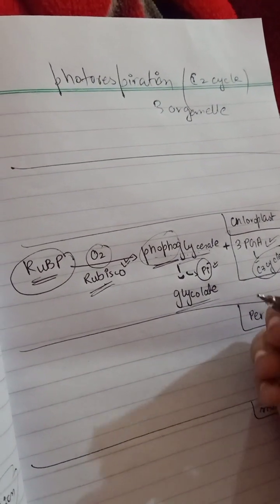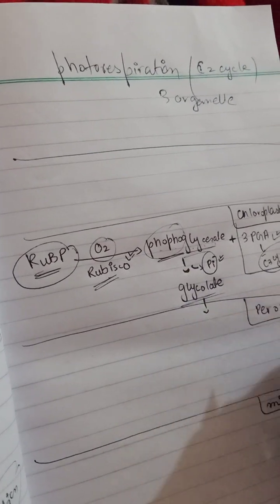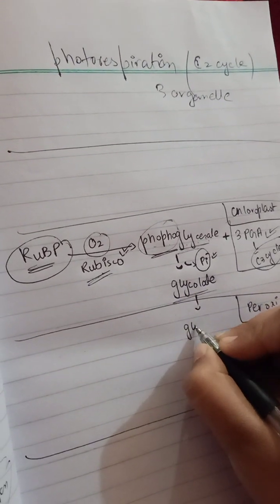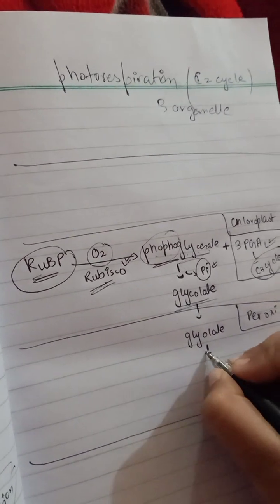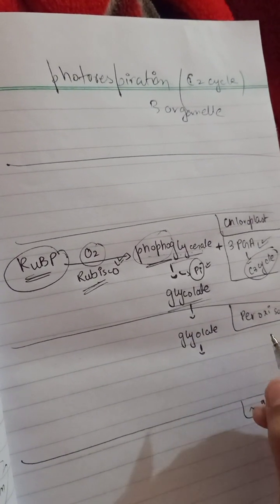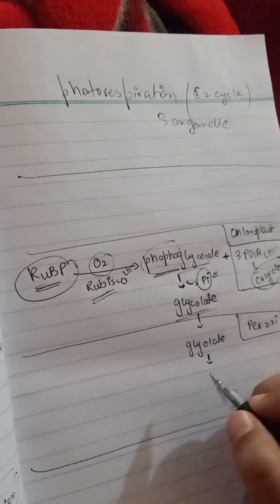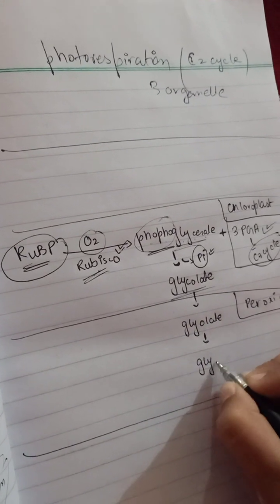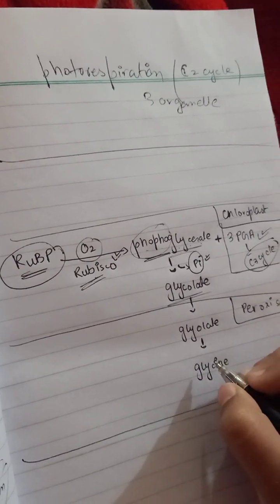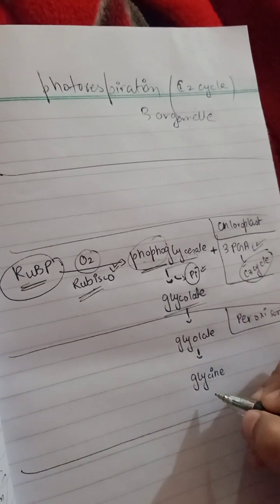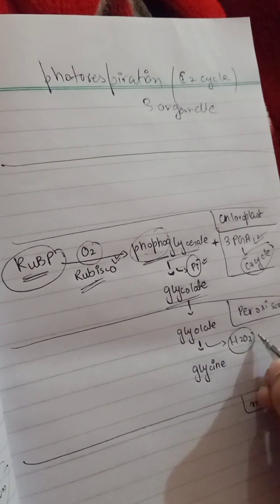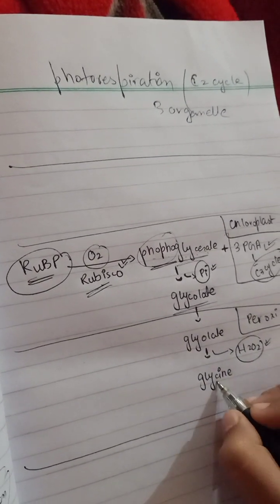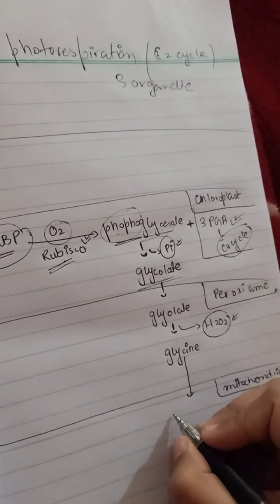Glycolate will move into the peroxisome organelle, and in the peroxisome the glycolate will convert into glycine, which is an amino acid. When the glycolate converts into glycine, it releases hydrogen peroxide. Then this glycine will move into the mitochondria.